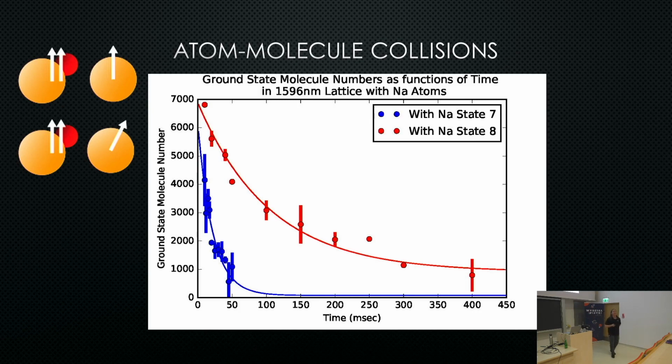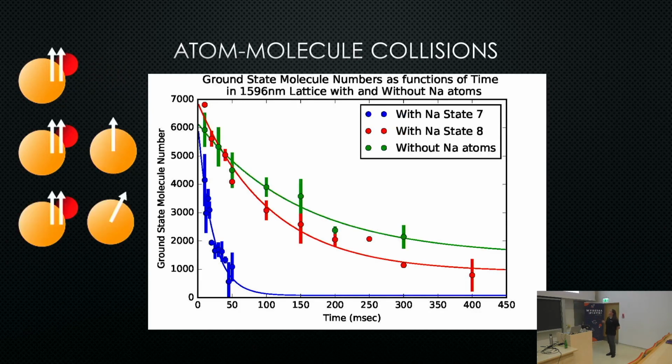We see about a factor of 100 change in reaction rate here. In fact, the loss rate is now getting close to what we have when we have just molecules alone. Now, I should mention, these are fermionic molecules, so there's a really strong P-wave suppression of the reaction rates for molecules on their own. And we're seeing that the atoms and molecules are really not that much faster in reaction rates.